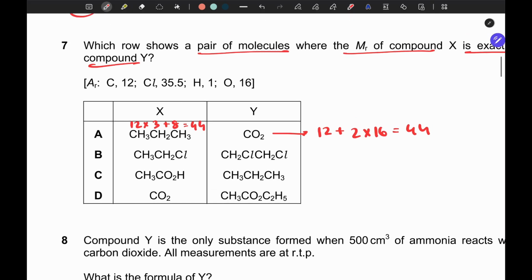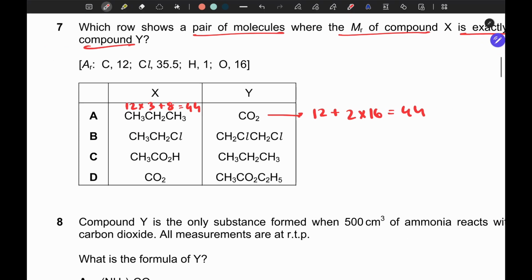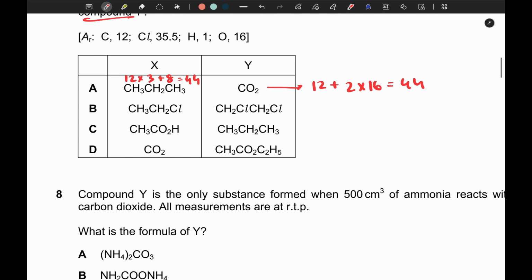Now let's just jump to D. Usually for these long calculations, what I suggest is check the first one, check the last one, and if you get the 2 answers from there, then that's fine. It's just a way of getting the correct answer in a quicker way. So again, we know for CO2 it's 44. This would be helpful because we already calculated that before. And for the other compound, CH3CO2C2H5, we have 4 carbons, so that's 4 times 12.